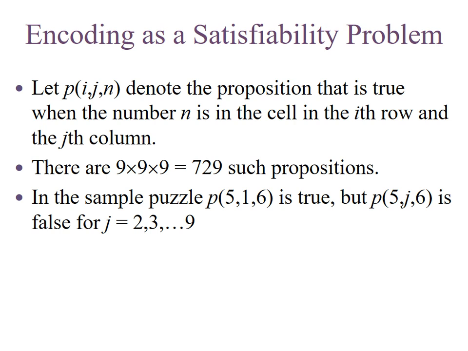We call this a satisfiability problem because we develop very complicated propositions, put them all together, and need to discover the truth values. We need to discover what kind of assignment for this proposition system makes it true. If we can discover that assignment, then we solve the Sudoku problem.